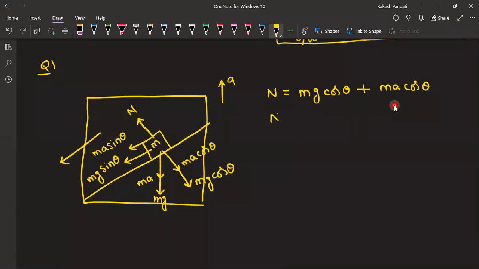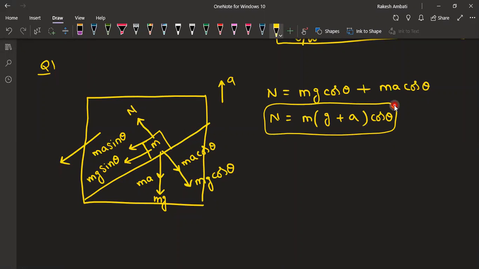Therefore, normal force equal to, you take m cos theta common, in bracket we have g plus a. So it is about normal force acting on the block.